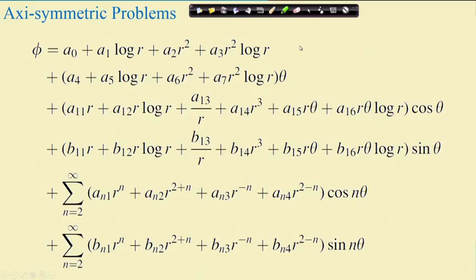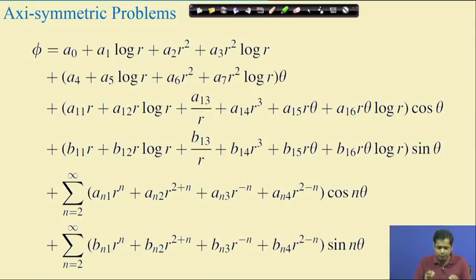Now, suppose we have to find a solution of a problem which is axisymmetric. In an axisymmetric problem, everything is symmetric with respect to an axis. As I just discussed, when we start a solution, the first step is to get an approximation of phi, to assume some phi. Phi is an infinite series, and we cannot deal with an infinite number of terms.